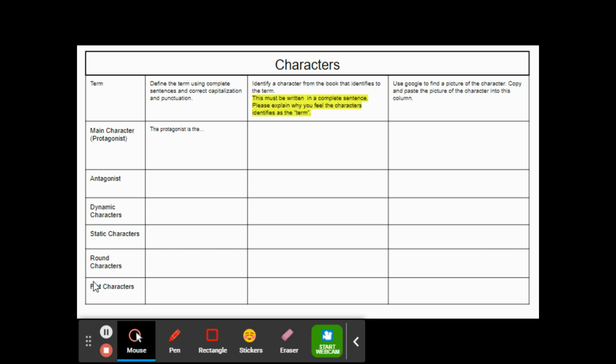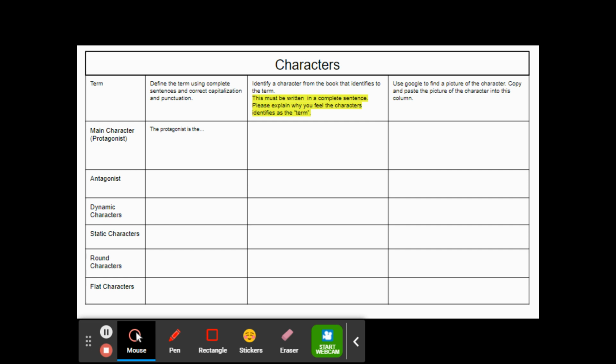Characters. Now you're going to get the definitions for these words in your data folder in the academic vocabulary section. You have to actually use your novel to identify the characters in the book that are the protagonist, antagonist, a dynamic character, a static character, a round character, and a flat character.